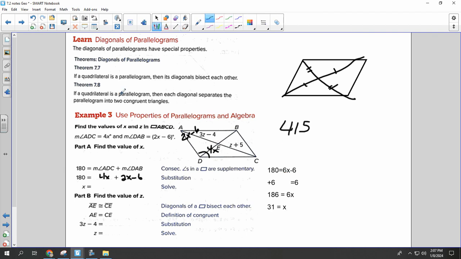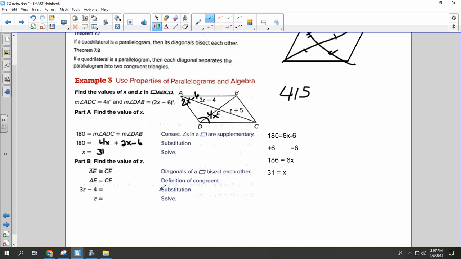So now you guys go ahead and pause this video for a minute. Find the value of z. Oh, I guess we're not pausing. Let's roll it. AE is congruent to CE. So we can say 3z minus 4 is equal to z plus 5. Then we subtract z from both sides.